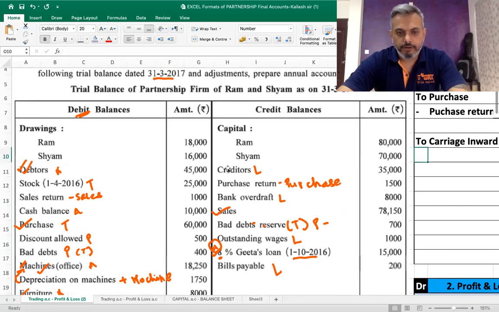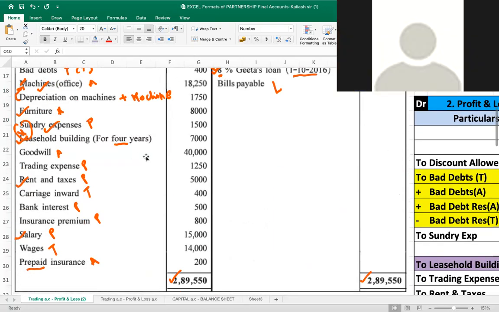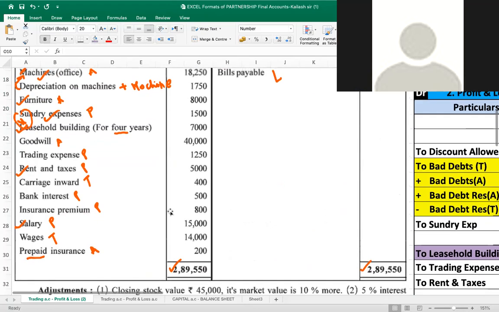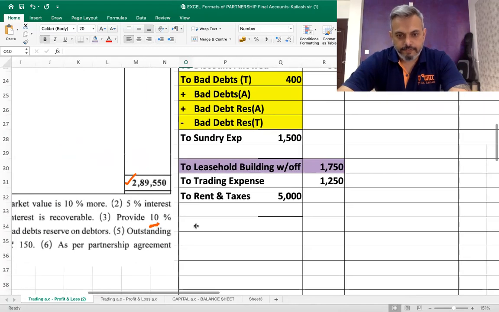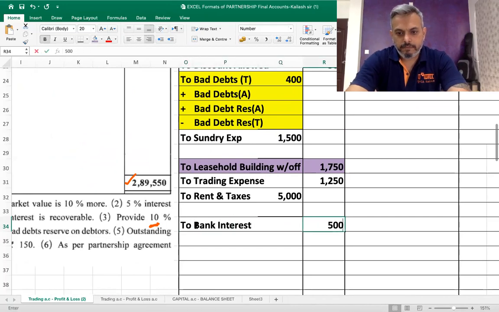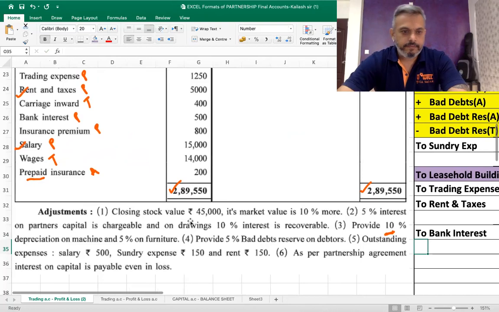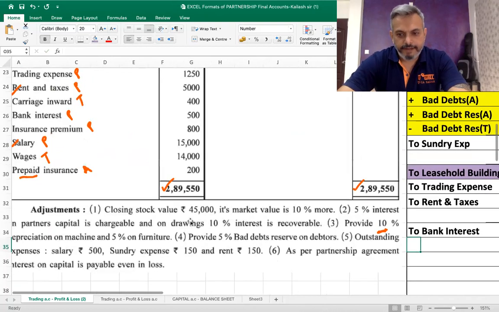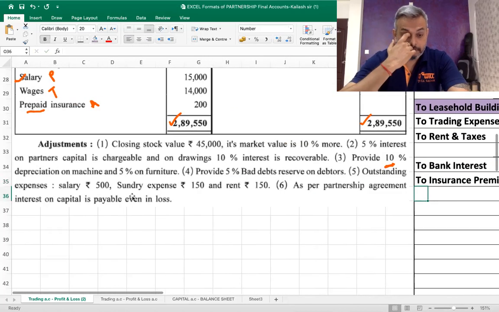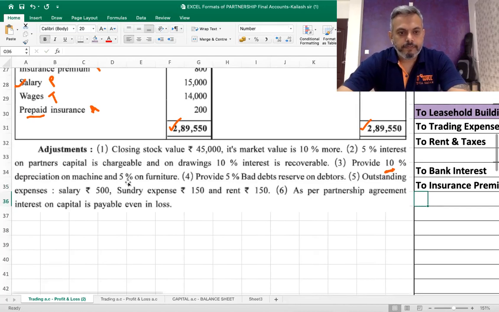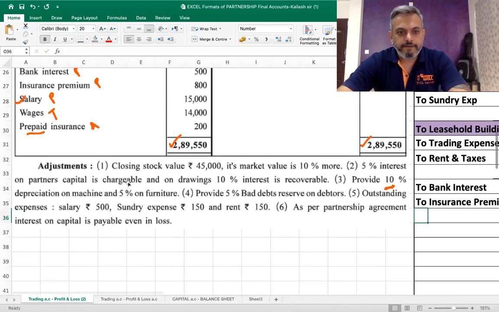Done, Nandita? You have a doubt? No, sir. Okay. Then bank interest 500. Outer column. Insurance premium 800. Salary 15,000.